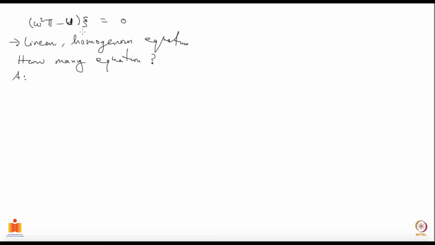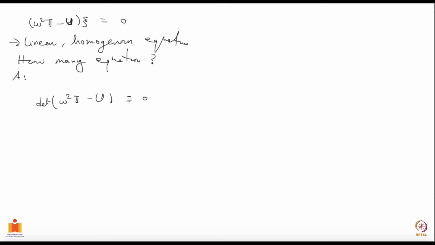Now if this set of equations has to have a non-trivial solution, meaning a non-trivial xi which will make this happen, then it is necessary that the determinant of omega square t minus u equal 0.